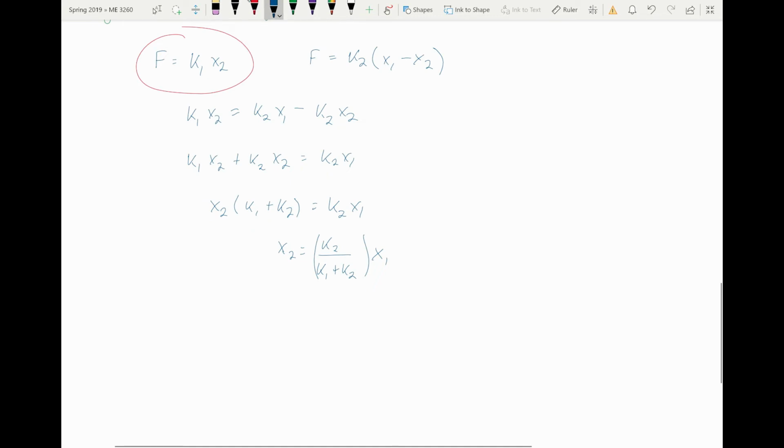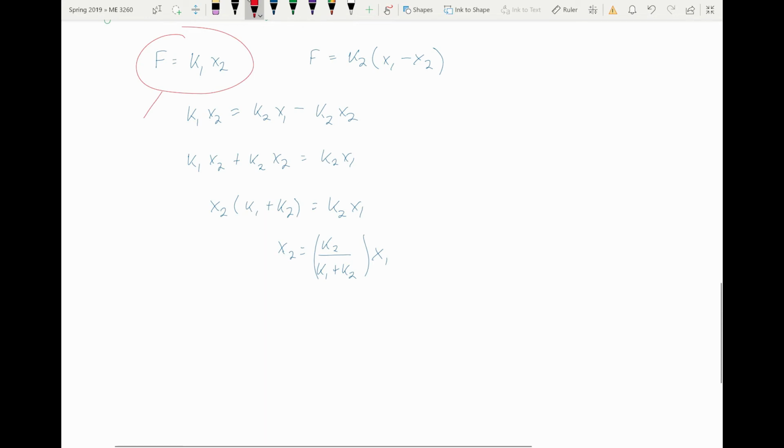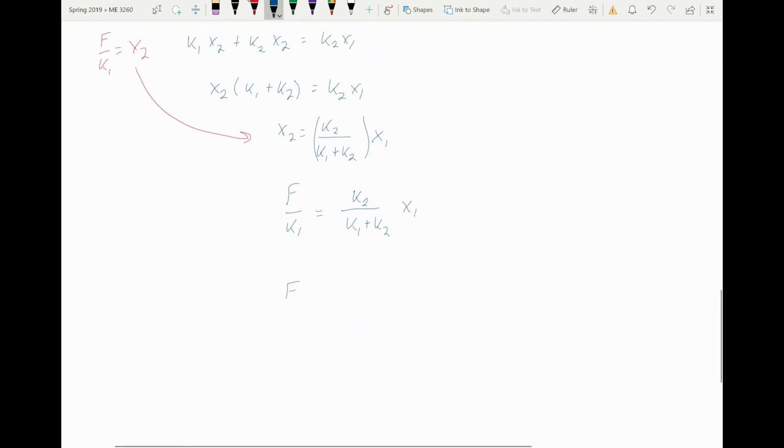And from above, we have an equation: X2 times K1 equal to the force. So we want to get force back in this equation to be able to get the equivalent single spring force. So what we're going to do is solve for X2 up here.